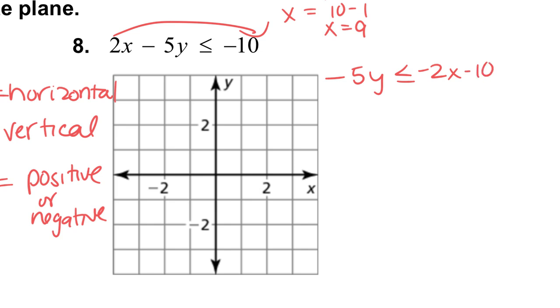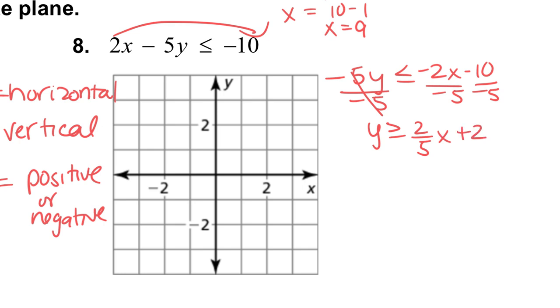I cannot have a number in front of my variable, nor can it be negative, so I'm going to divide all my terms by negative 5. I'm left with y is now greater than or equal to, because I divided by a what? By a negative. Gives me 2/5 x plus 2.